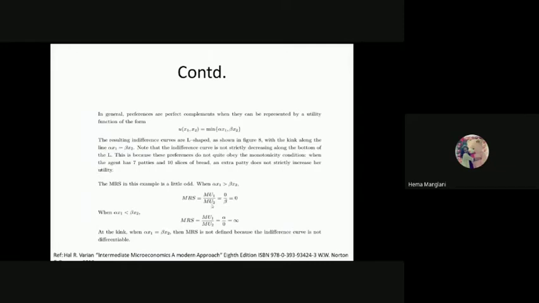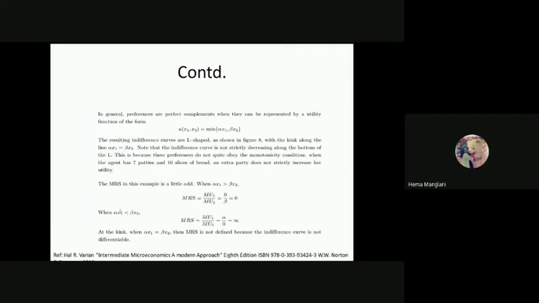Marginal utility of 1 divided by marginal utility of 2 gives you the value of marginal utility of 1, that is 0. The reason is, if you are increasing x1, then x2 also requires the same. Then the value of MRS would be equal to 0. Yesterday I told you that the value of MRS we cannot define, and because of that you will get a value of either 0 or infinity.